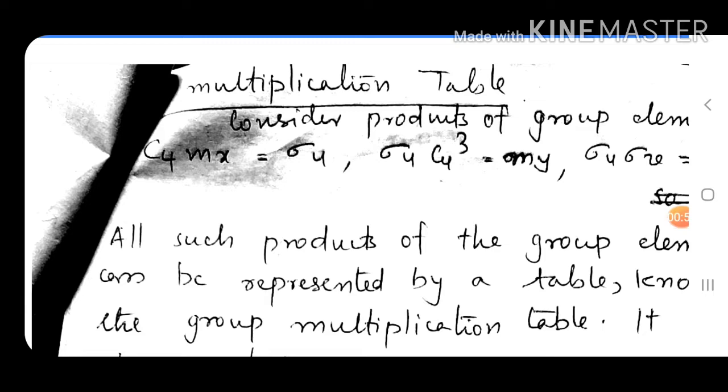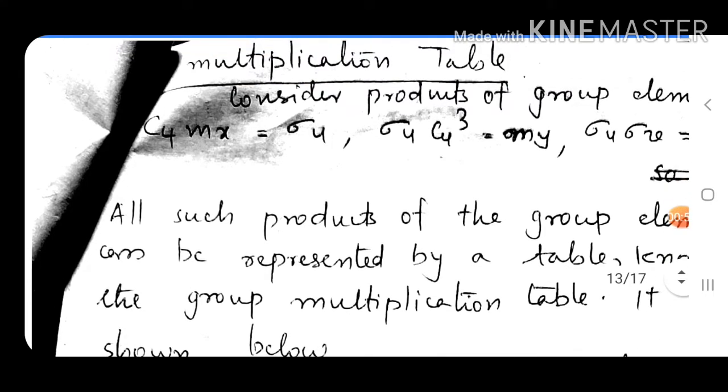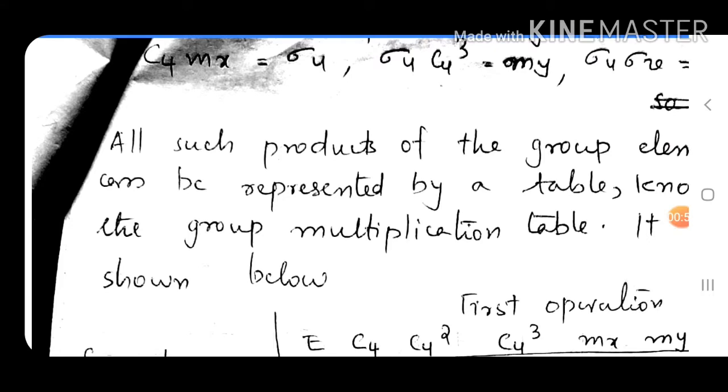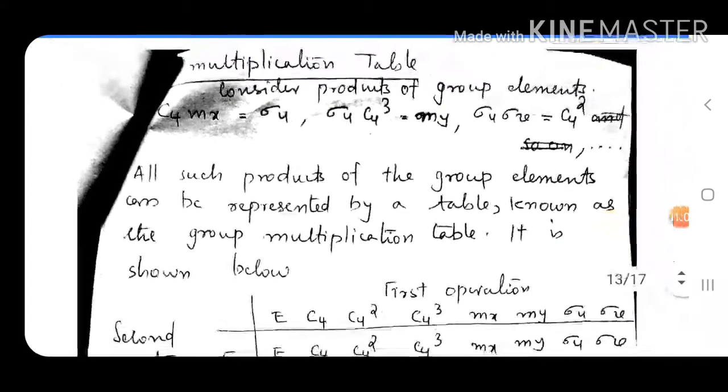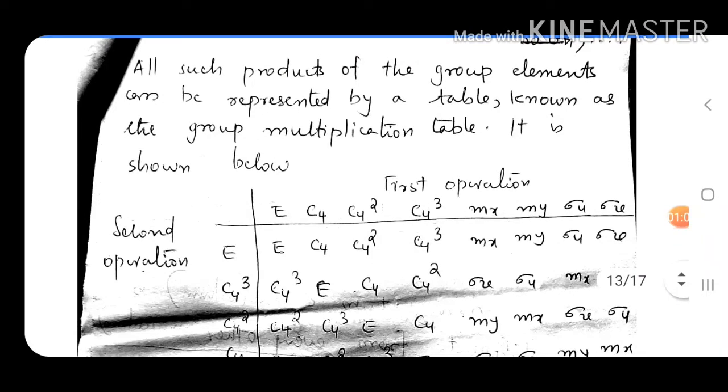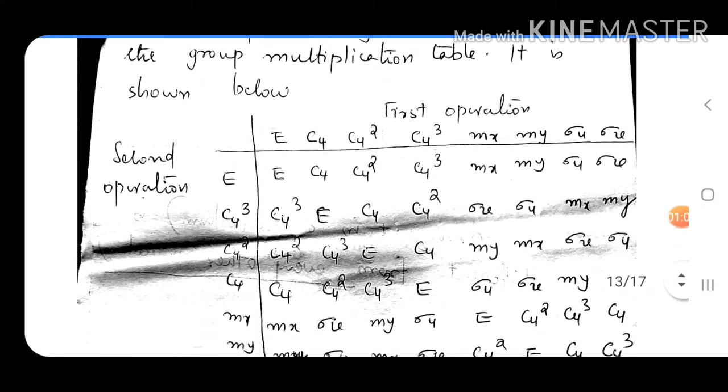So products of the group elements can be represented by a table known as the group multiplication table. It is shown here.